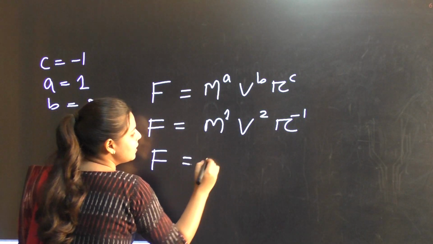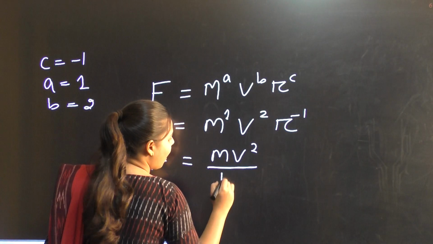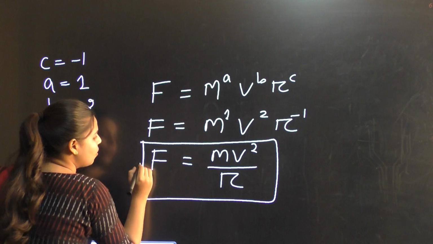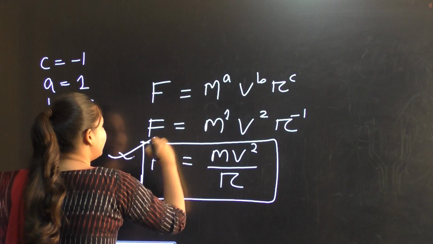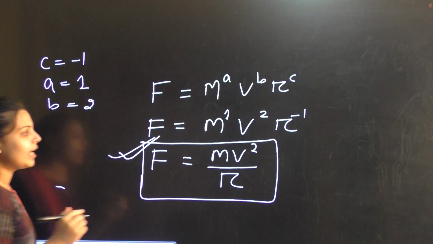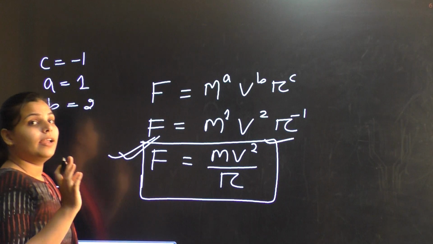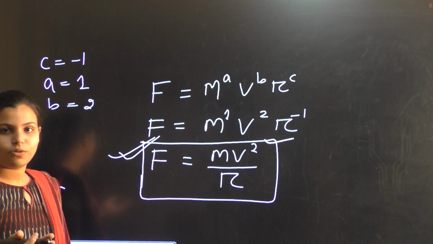Rearranging this, F equals m v square by r. You got the formula. This is what the question asked: the centripetal force formula is m v square by r. Using this, you can also find any other relation.